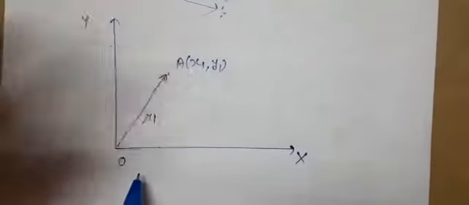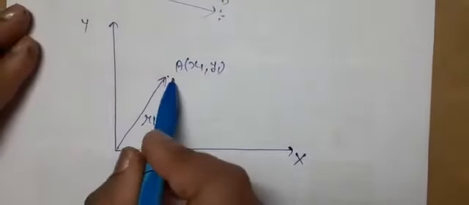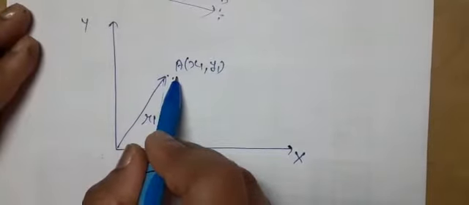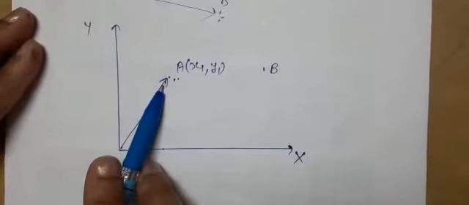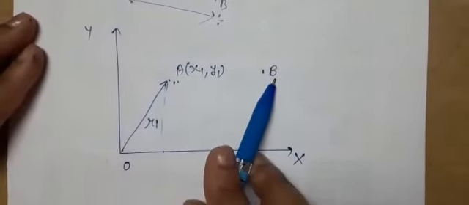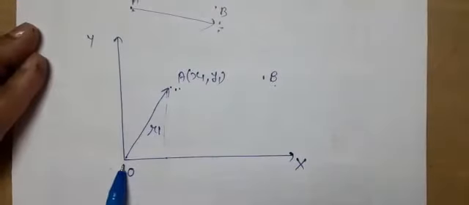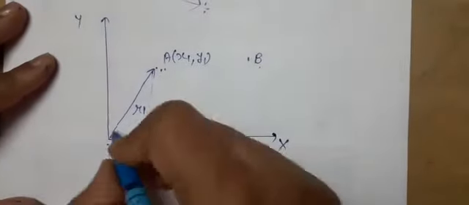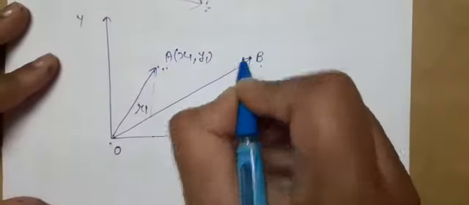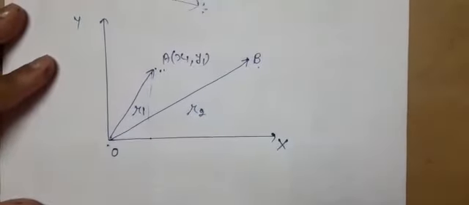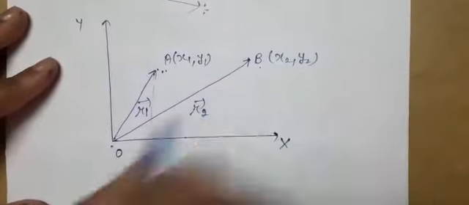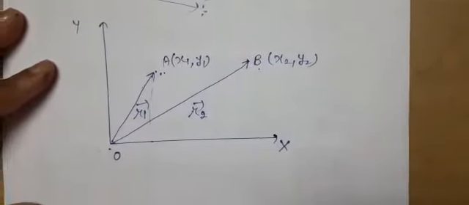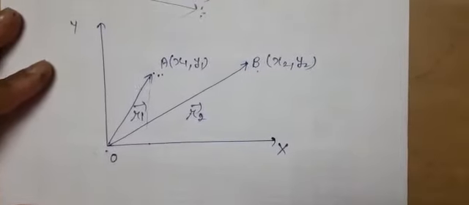So R1 can be expressed in these terms. Now suppose after some time the particle has shifted from A to B. Suppose a mosquito is initially sitting at this point and after some time shifts to this point. If you have to measure their positions with respect to a fixed point, that is the origin, you can measure with the help of the position vector. So the second position B, having coordinates x2, y2, has position vector R2. Here x1, y1 and x2, y2 are the general coordinates I am taking.